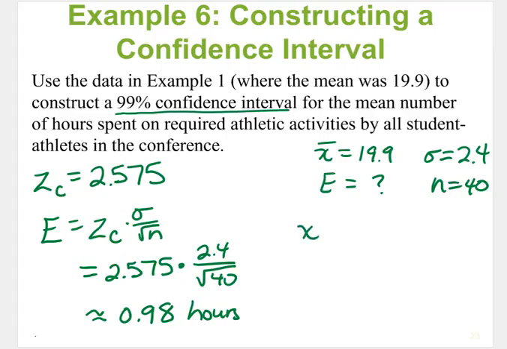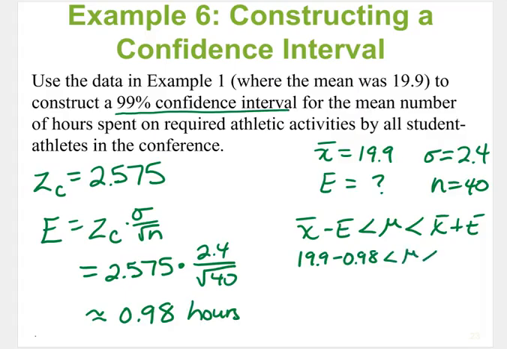So my x bar minus my error and my x bar plus my error. So 19.9 minus that 0.98 is going to be less than mu, which is going to be less than 19.9 plus 0.98. All right, so if I subtract these two, I get 18.92.